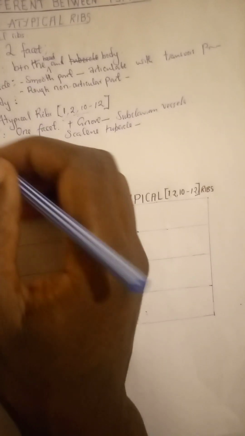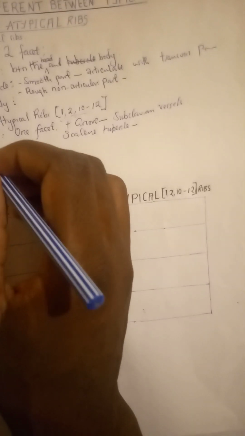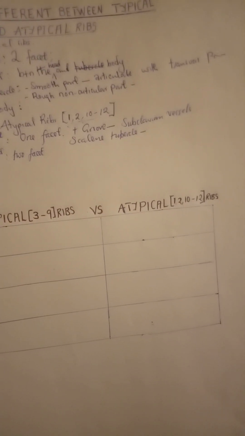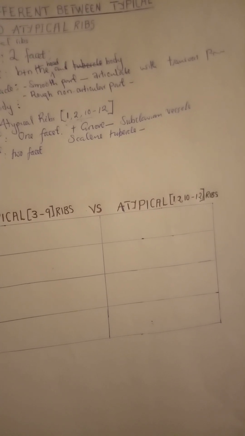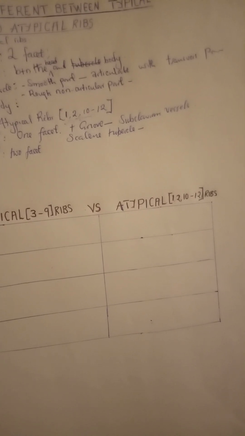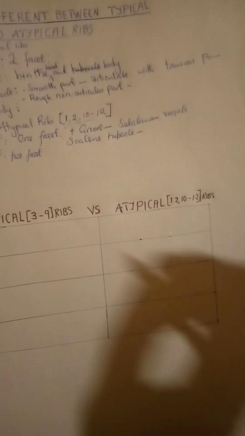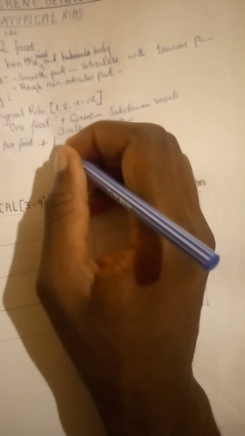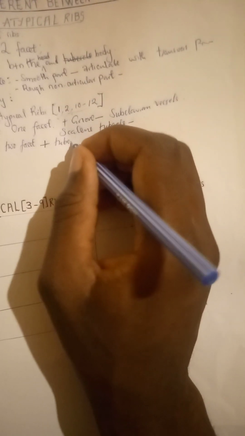So let's go to the second rib. This one has two facets. Other properties: it also has a tuberosity for serratus.